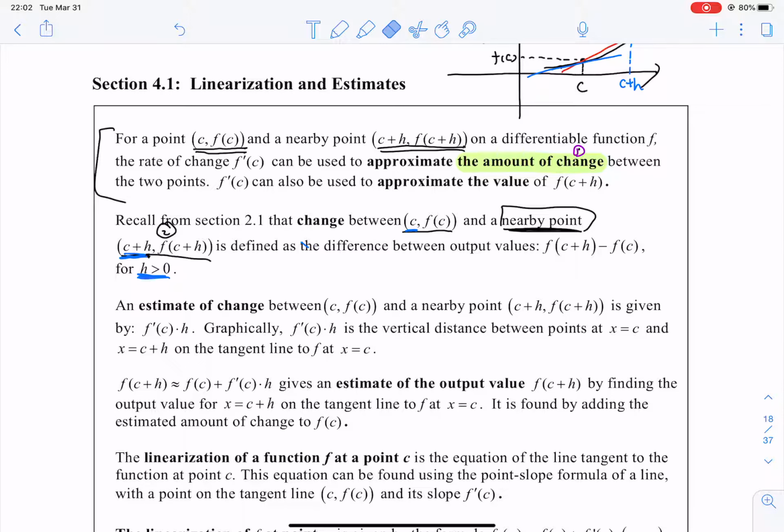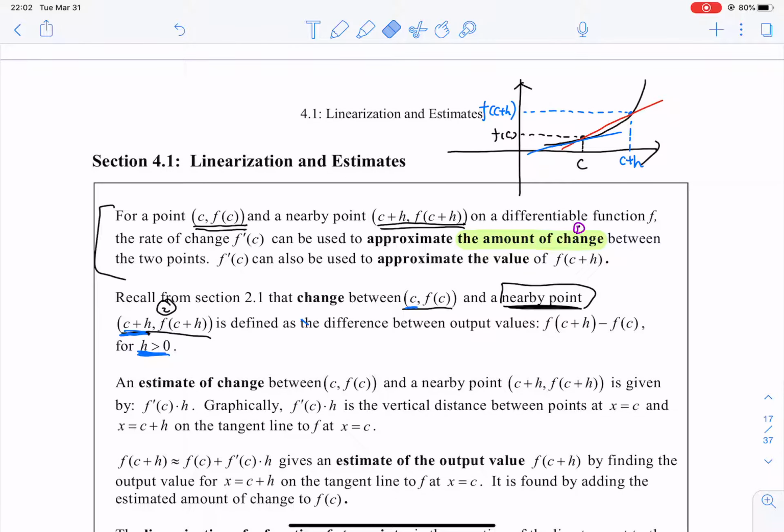Then let's go back to the first part. Still we are given the 2 points, c, f of c, and a nearby point, c plus h, f of c plus h. The nearby point means the horizontal difference is just h. The 2 points are super close to each other, that means h is a very small number.